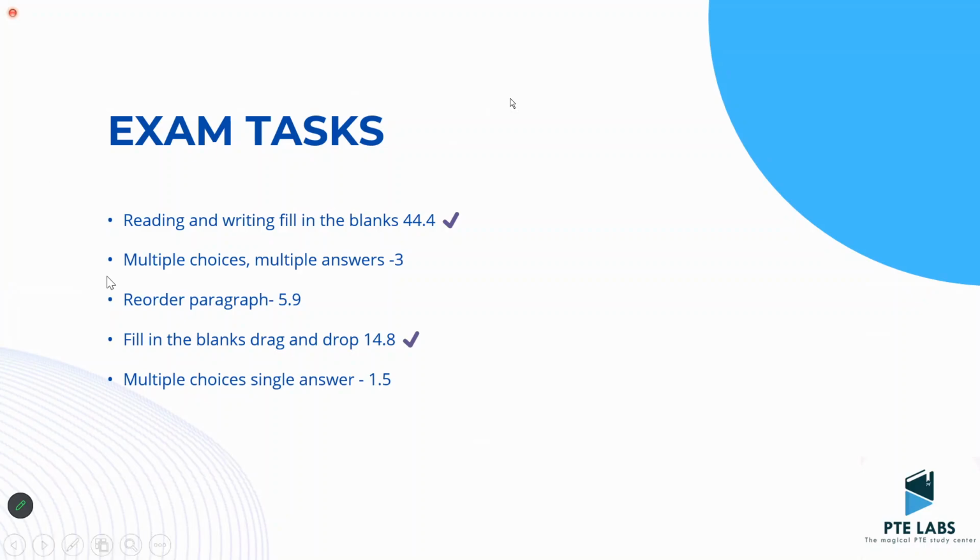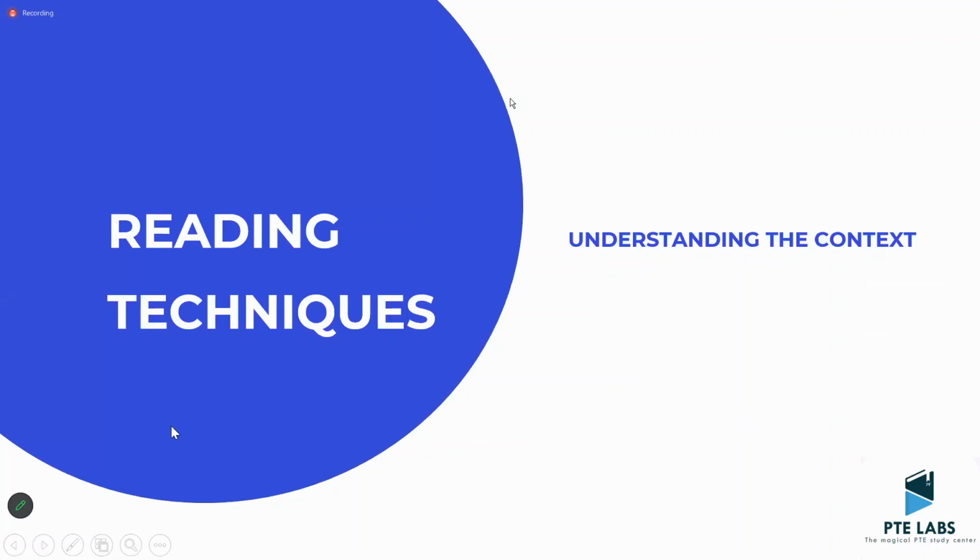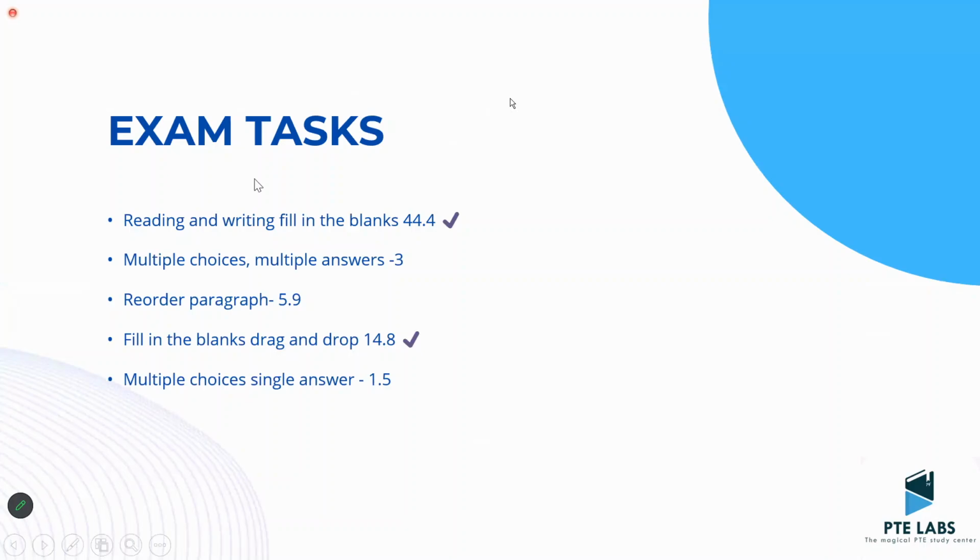But if you use more time in these 2, this one and this one, you might not have enough time for this one, which is an important task, right? So knowing how to manage time will be helpful now that you know the 2 main components in reading. But in stage 1, don't really worry about the timing. You will get to know that in the next step, which is the reading review session.